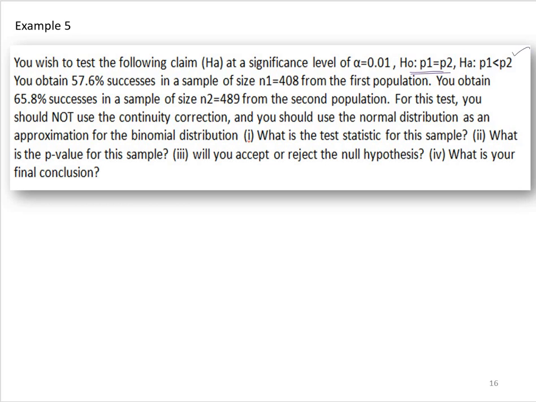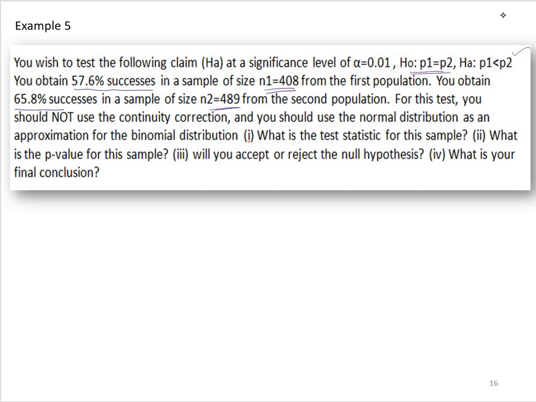You obtain 57.6% success in a sample of size N1 equal to 408 from the first population, and similarly you obtain 65.8% success in a sample of size N2 equal to 489 from the second population. For this, you should not use continuity correction, and you should use the normal distribution as an approximation of the binomial distribution. So some conditions are given there.